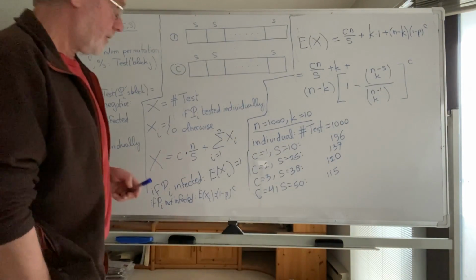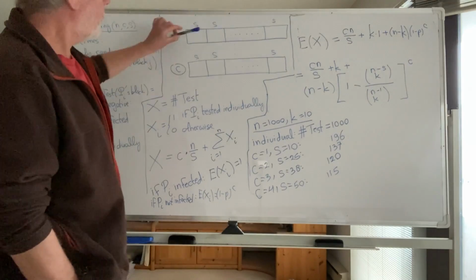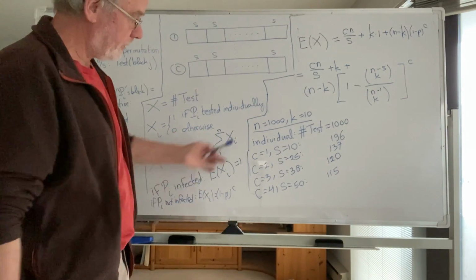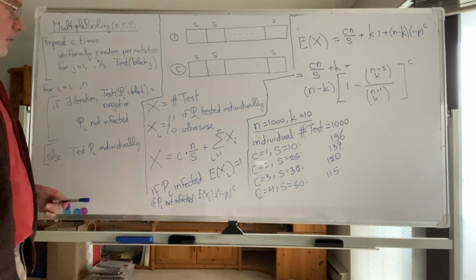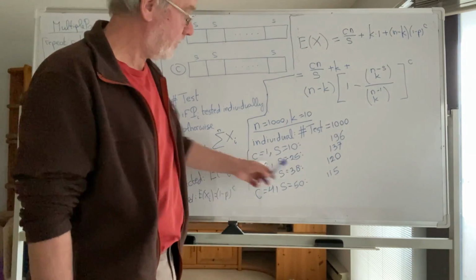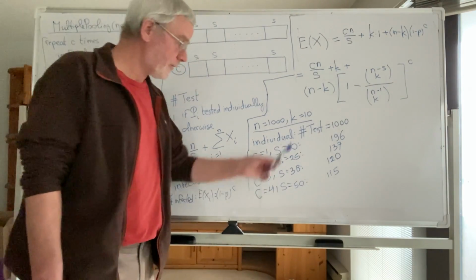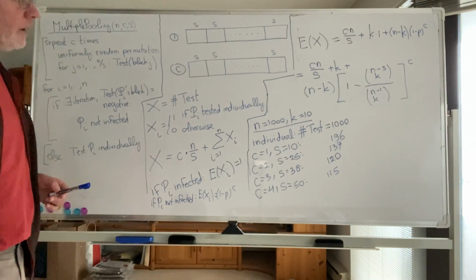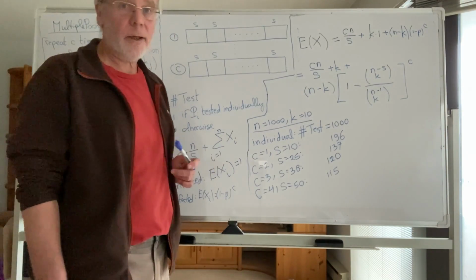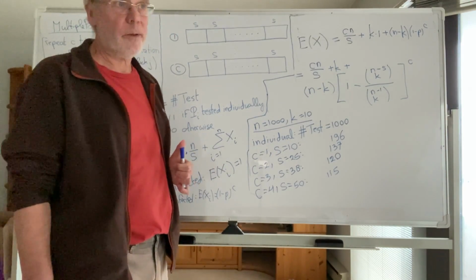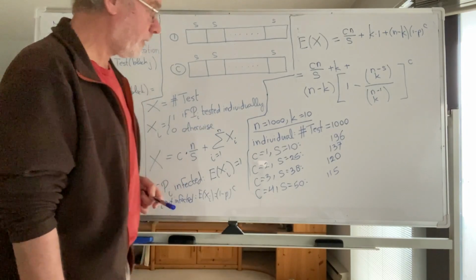Okay, so this shows that by increasing C, the number of permutations, the number of times we have to call this function test goes down all the way to 150. Now I didn't try C equals 5, so I stopped here. But at least you can see the naive way to do the testing: you test every person separately, then the number of tests is equal to 1,000.